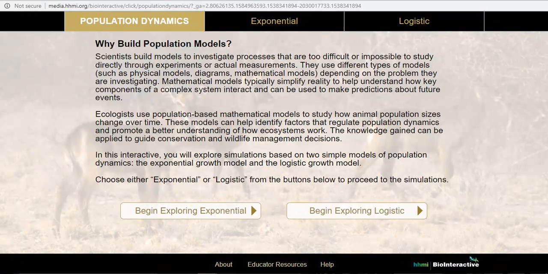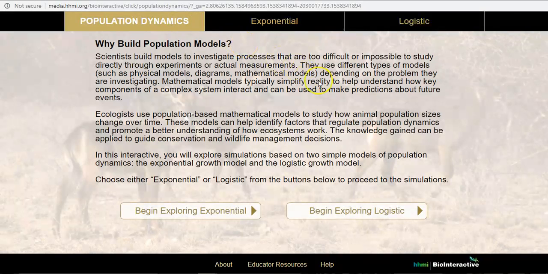It's a nice program that's been created by Biointeractives. It is really kind of a one-time use, but it's really good for teaching exponential and logistic growth in biology when we're talking about population dynamics.